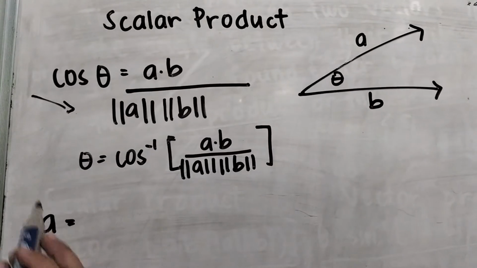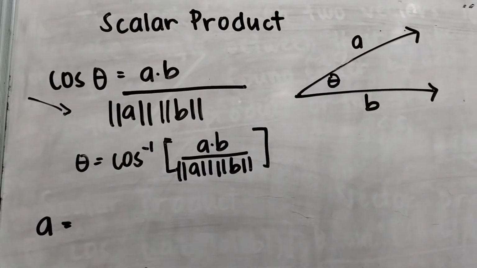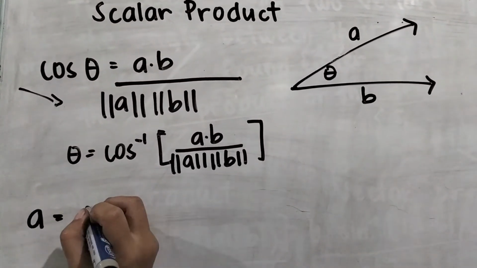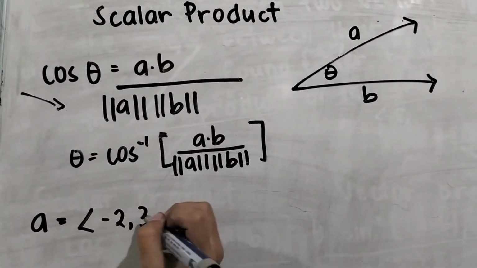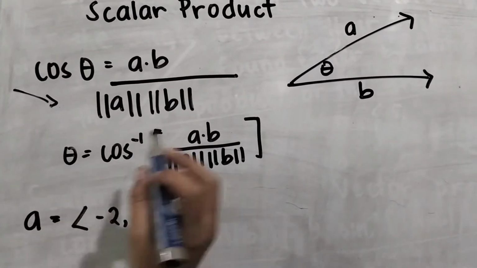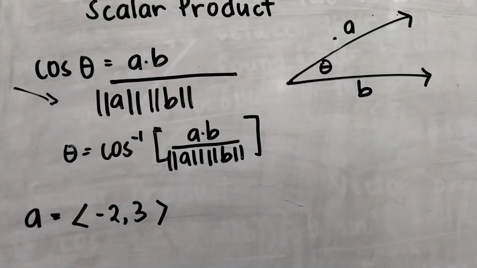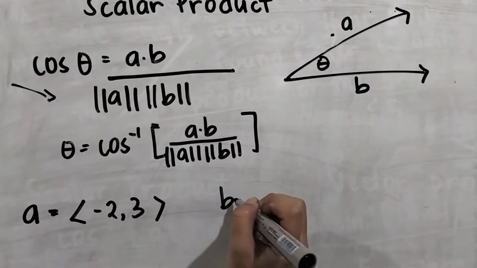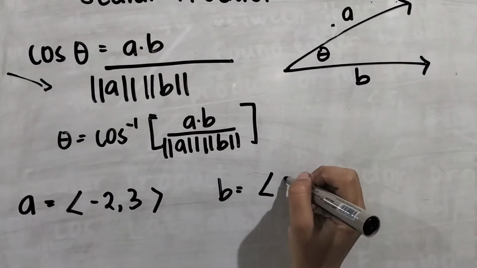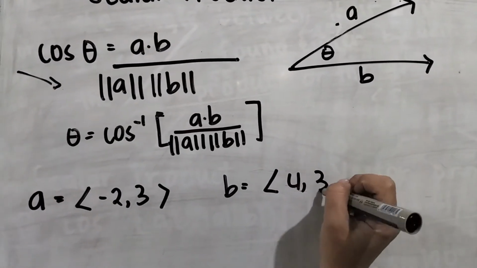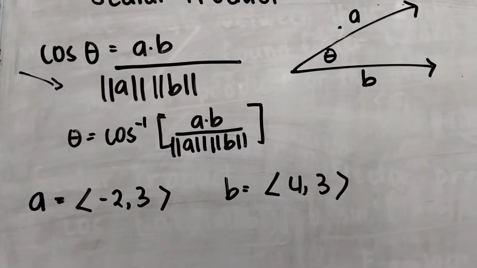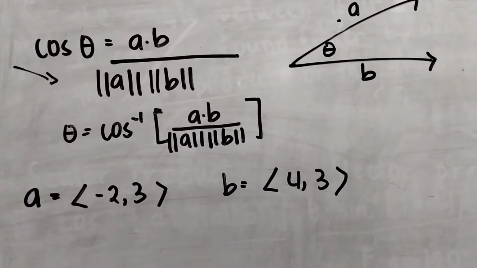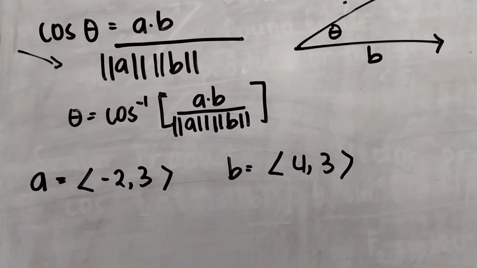Using this formula, for example, the given are this: A is -2, 3 and the letter B will be 4 and 3. So first, we will solve for this.